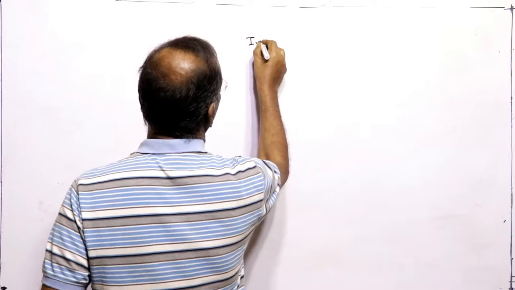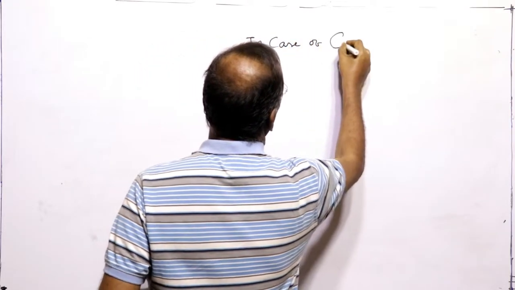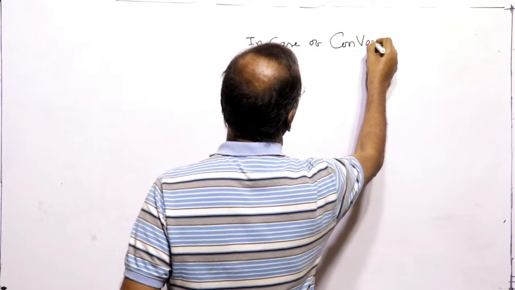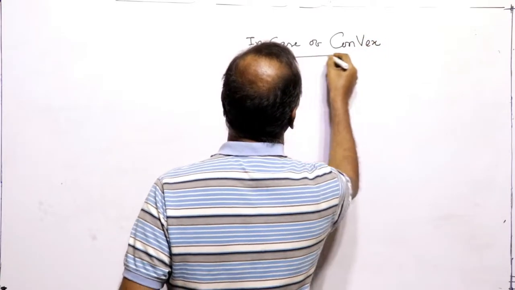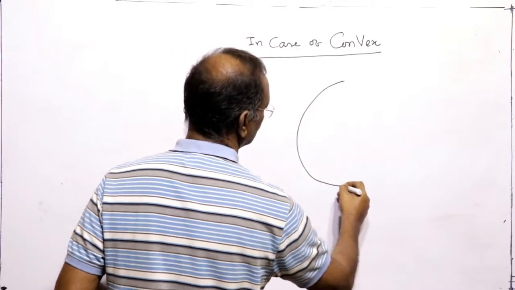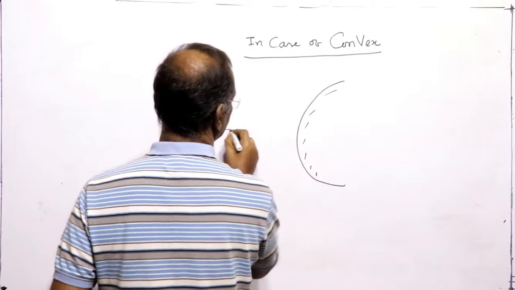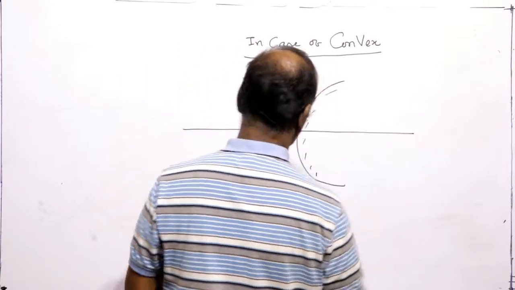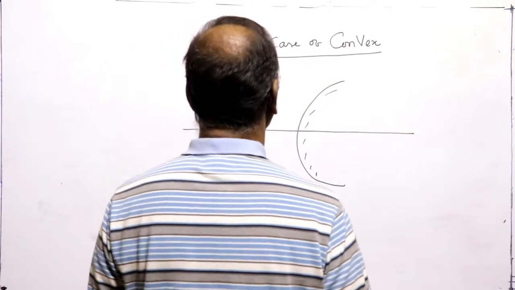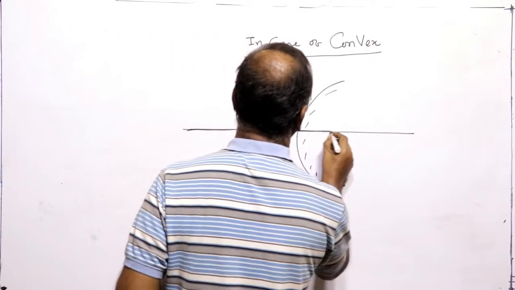In case of a convex mirror, this is the bulged portion. This is the reflecting surface, this is the principal axis.